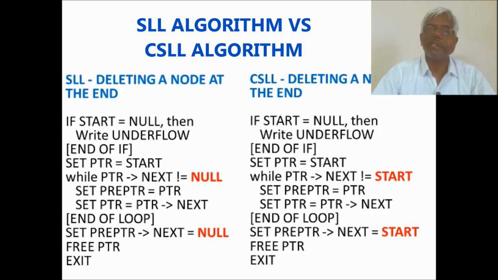Similarly, for deleting a node at the end, both algorithms are 99% the same. The only thing we have to do is replace null with start. I am showing these two algorithms so you can clearly understand. If you study the singly linked list algorithm once, we need not study the circular singly linked list algorithm from scratch.